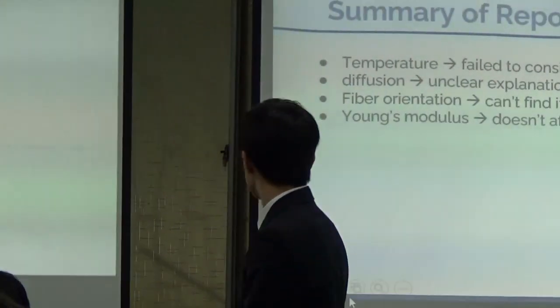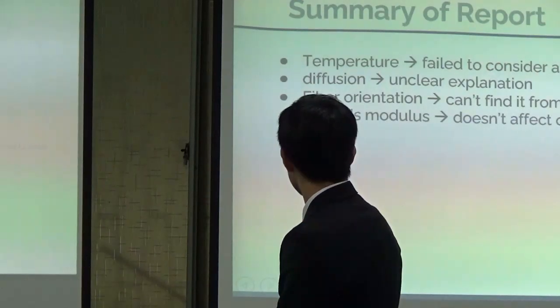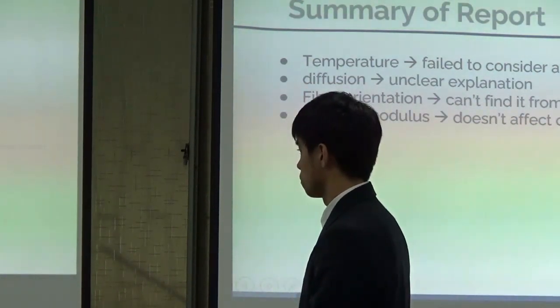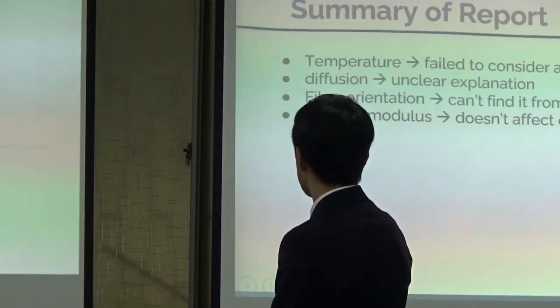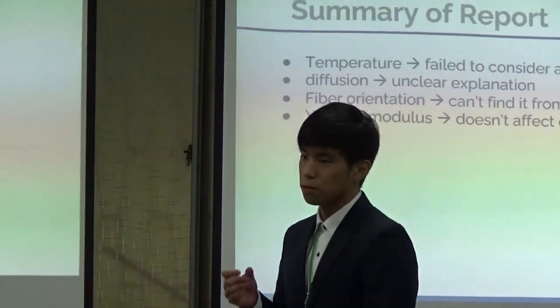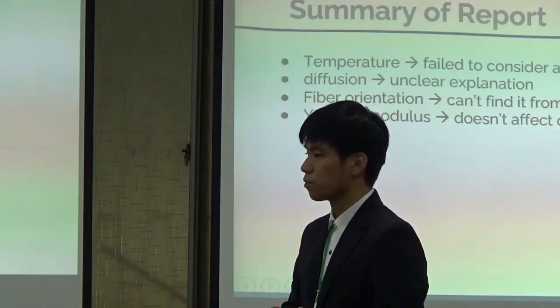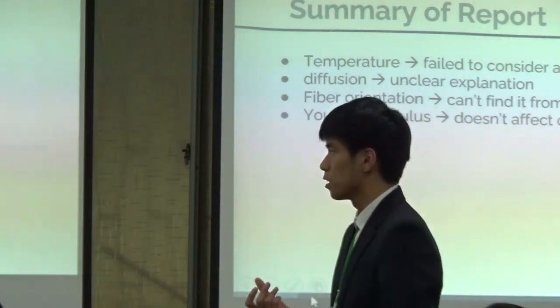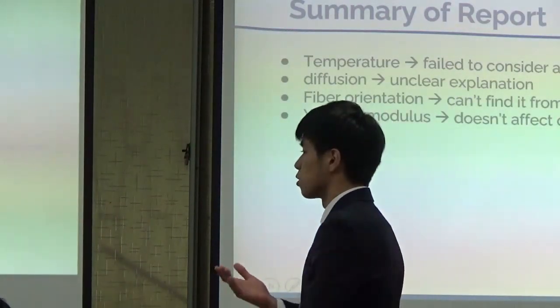Why do you think the fiber orientation is related to the rate? Since the direction of the water diffusing in the tracing paper is related to the fiber orientation, the rate of it will be influenced by the direction of it.